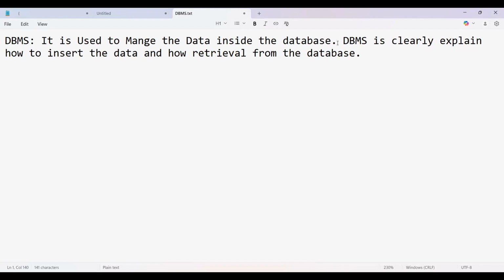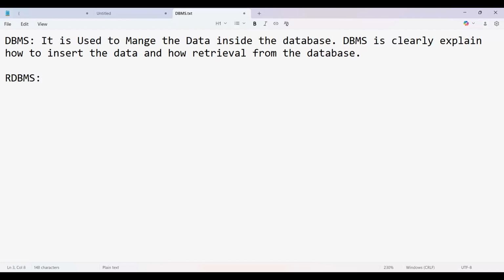And there is a further concept called RDBMS. So this is DBMS. What does DBMS do? How to insert the data, how to retrieve from the database. So we have a concept called RDBMS.